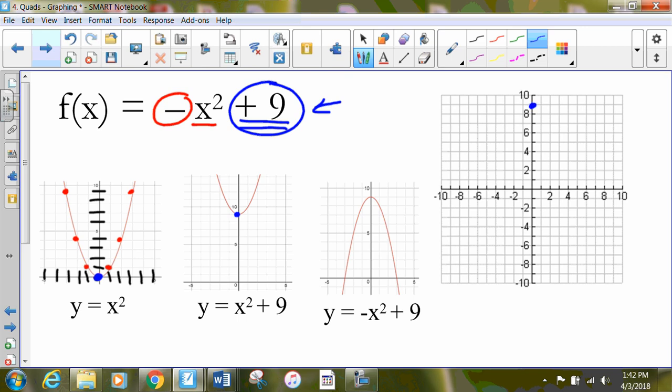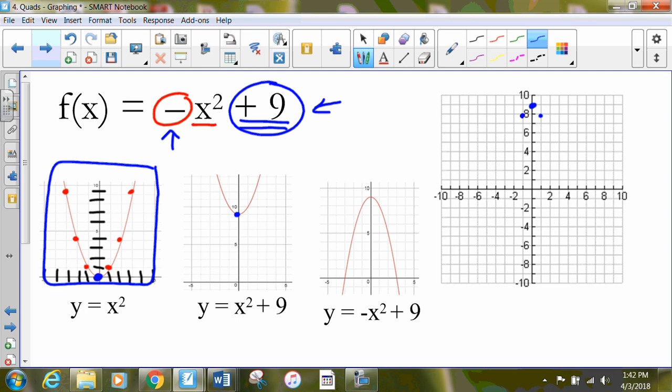And instead of doing my normal pattern, my pattern is going to be multiplied by a negative, or you can think about it as multiplying by a negative 1. So instead of going to the right one or the left one of the vertex and going up, I'm going to say up 1 times negative 1, which gives me down 1.